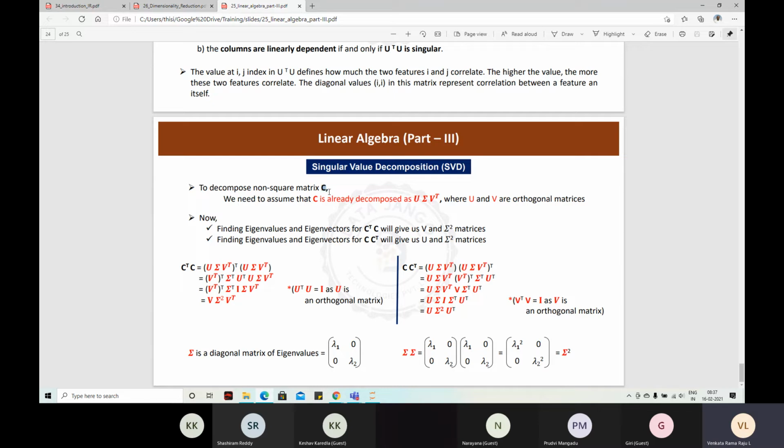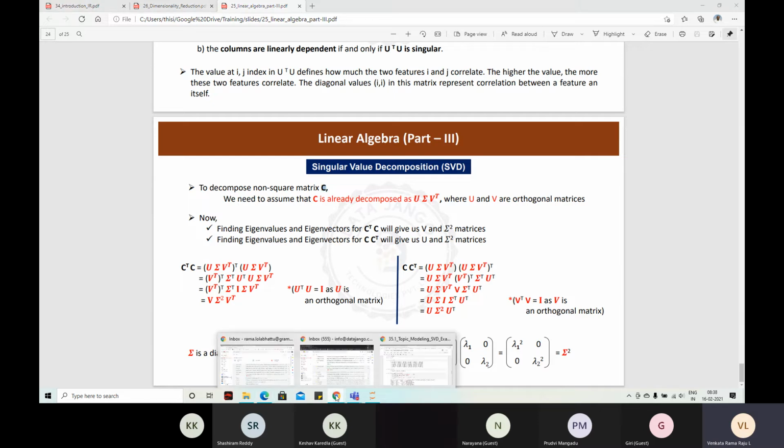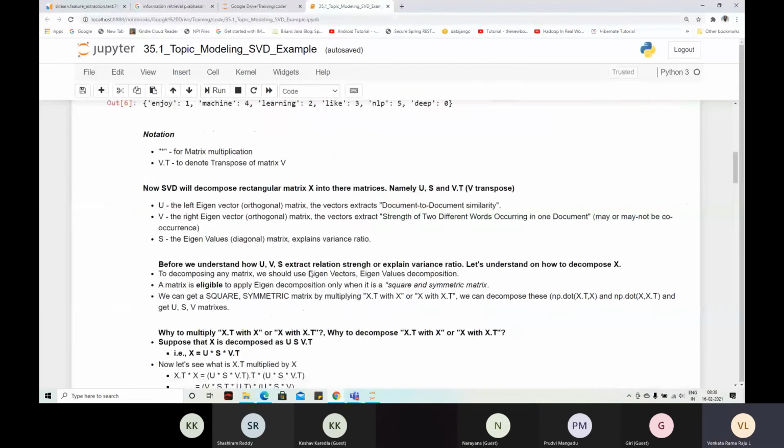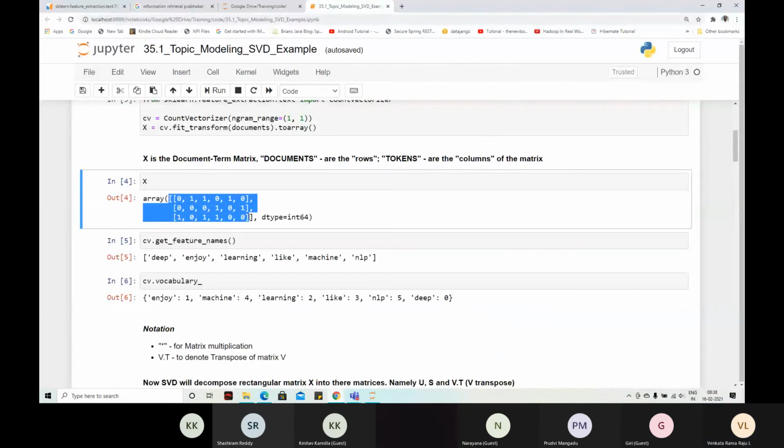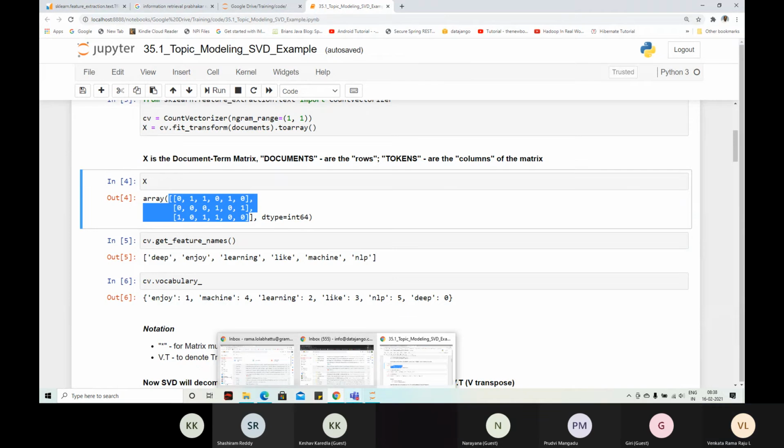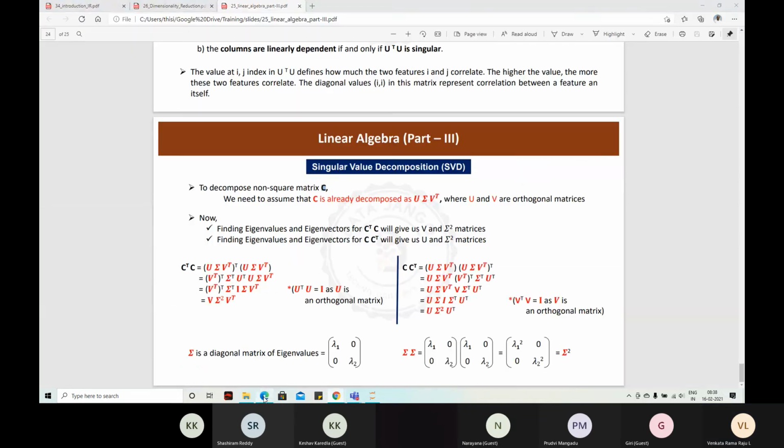Think that your C is the rectangular matrix here, and I applied SVD. Should I be taking V vectors or U vectors into consideration to get the latent representation?